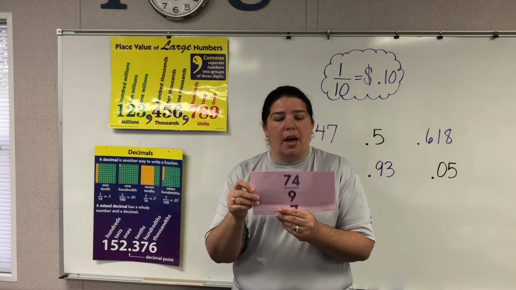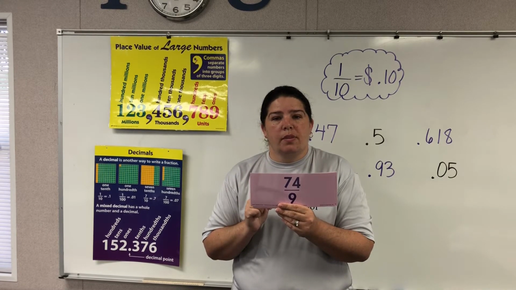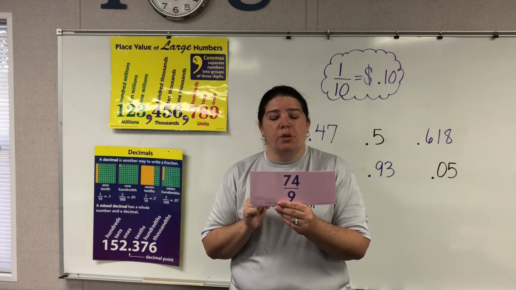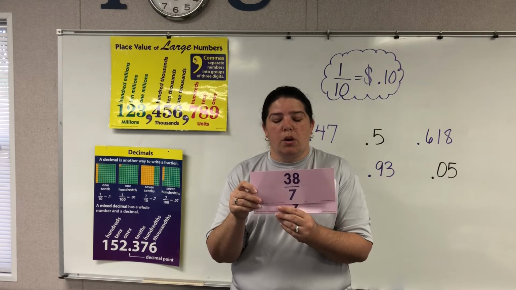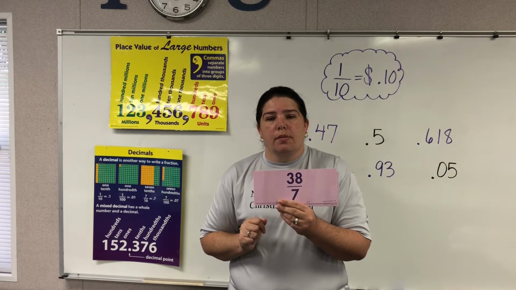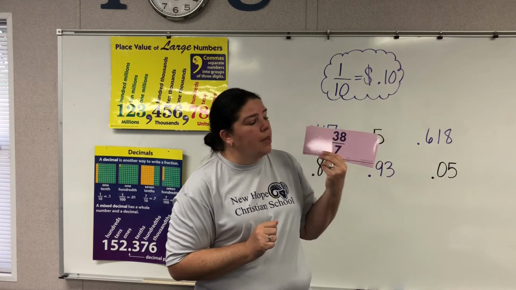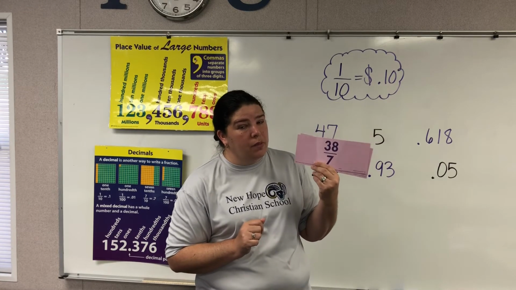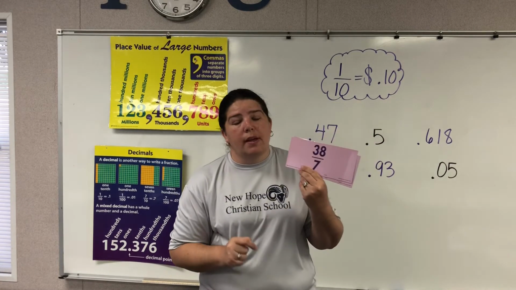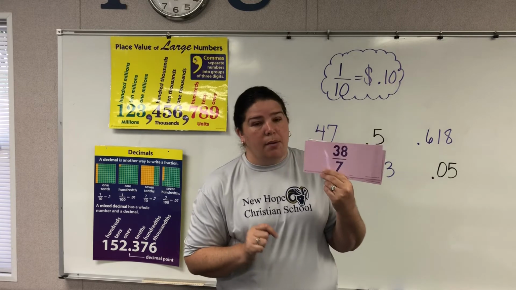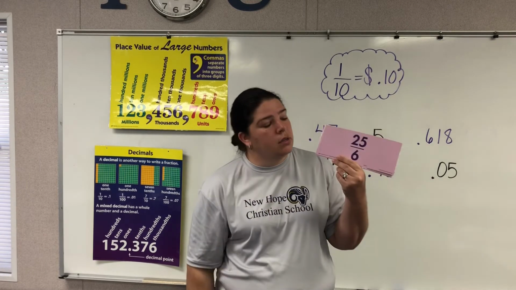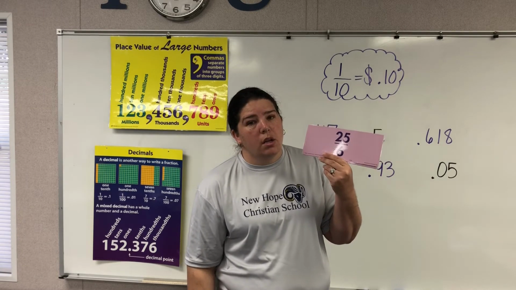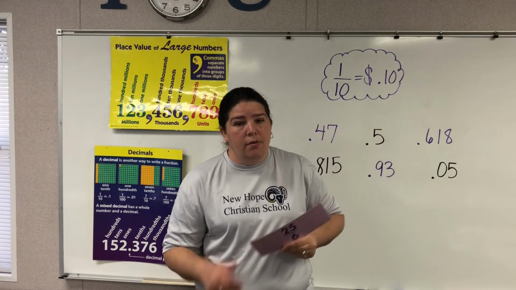Very good. Are you fast? 8 and 2/9. Okay, let's see. One more. 5 and 3/7. Remember that bottom number stays the same. The denominator stays the same. And your last one, 4 and 1/6. Very good.